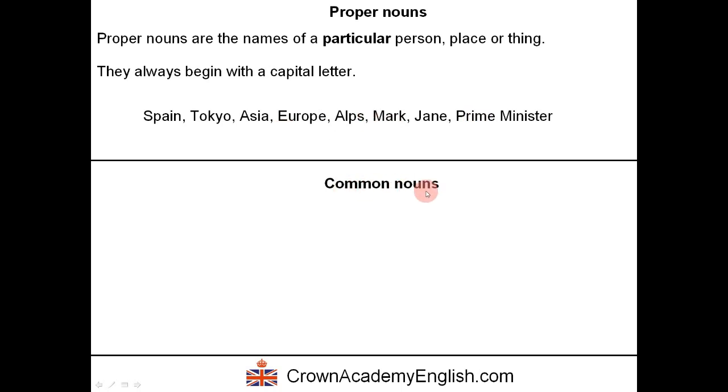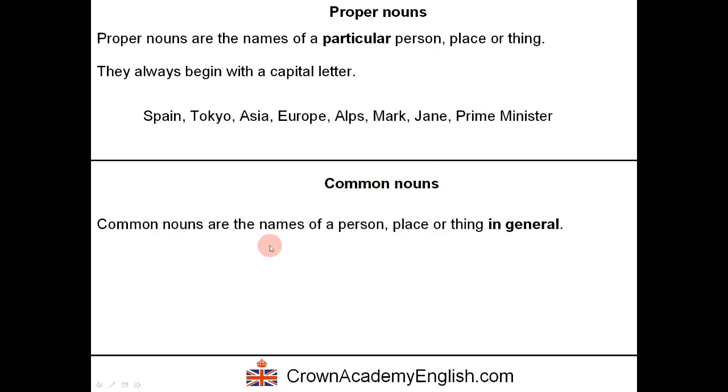Common nouns are different. It's the opposite, in fact. Common nouns are all the others. Common nouns are the names of a person, place, or thing in general. So we're not talking in particular. We are not talking about specific people or places or things.